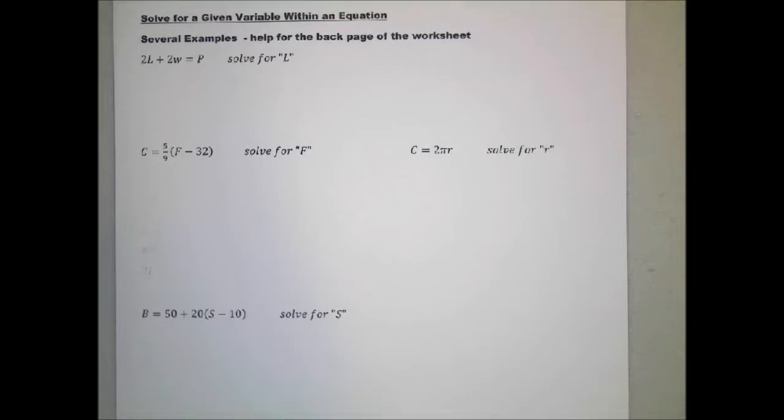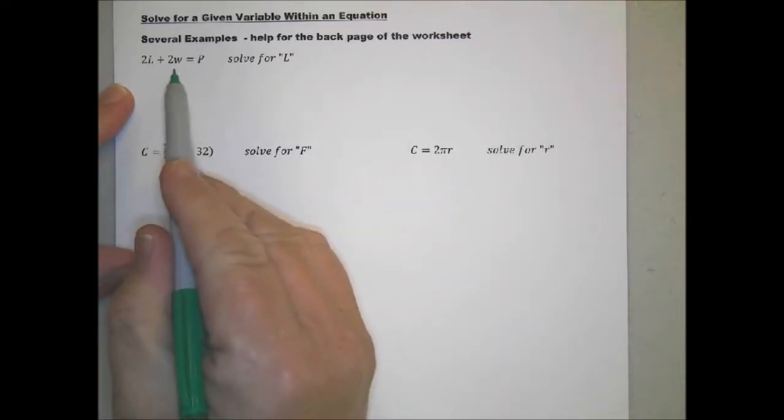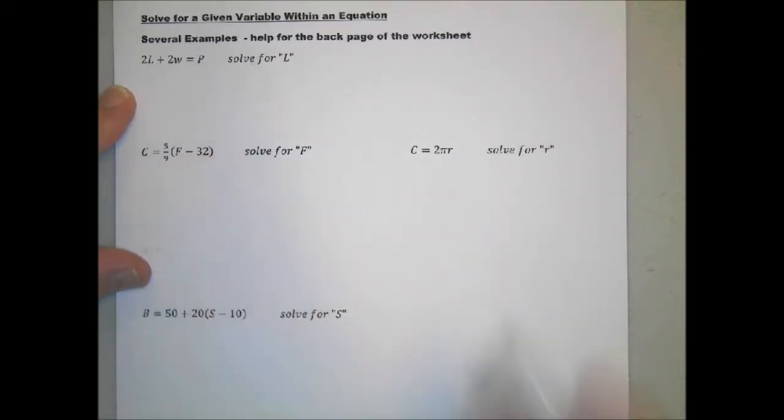The entire back page of worksheet 5 is all about using formulas that have more than one variable in them and solve for a certain variable. So this first example I've got for you is a formula that says 2L plus 2W equals P. You may recognize this equation.